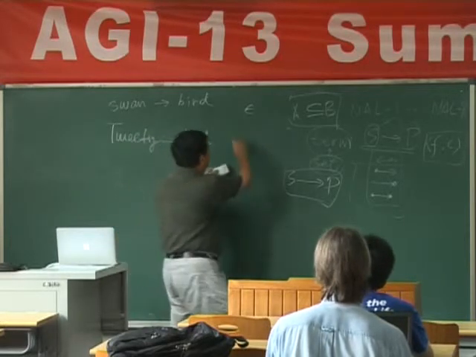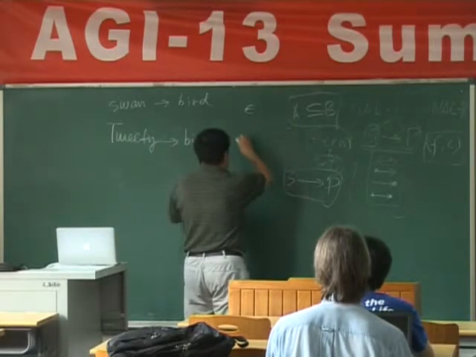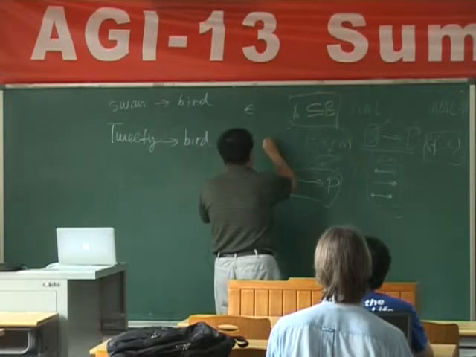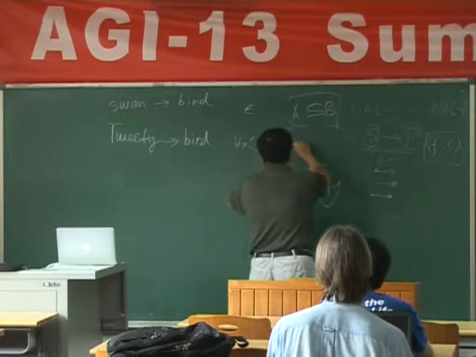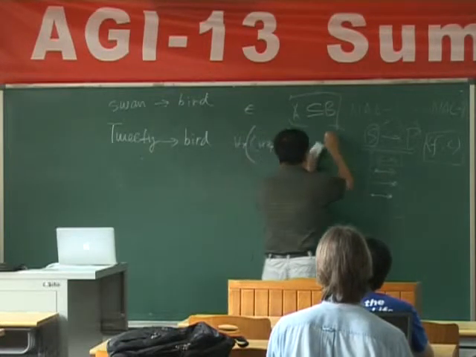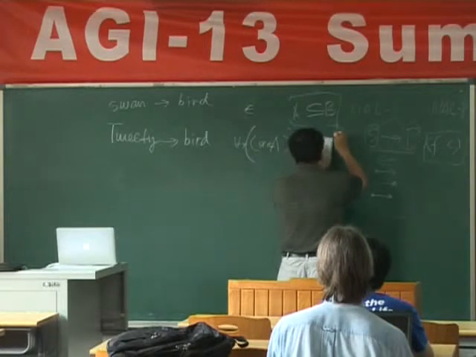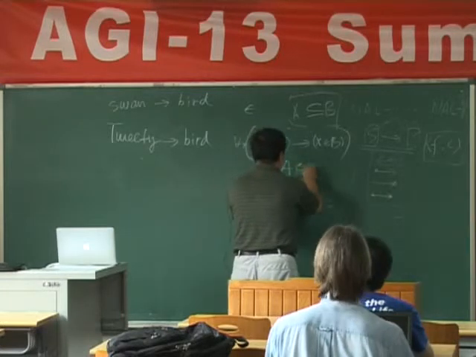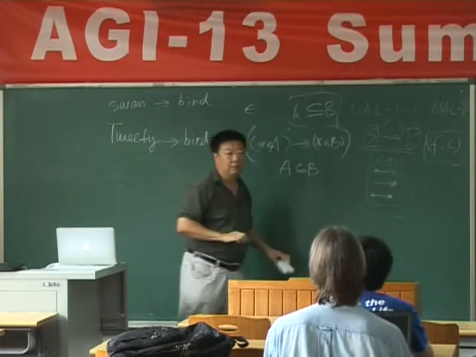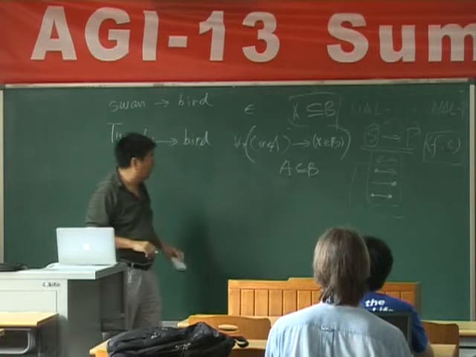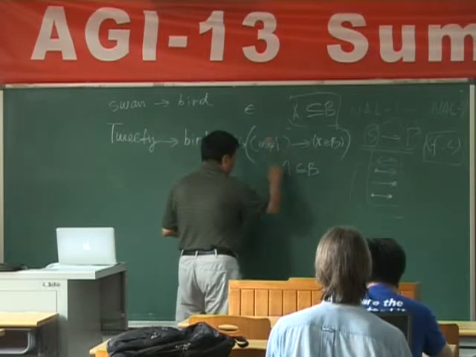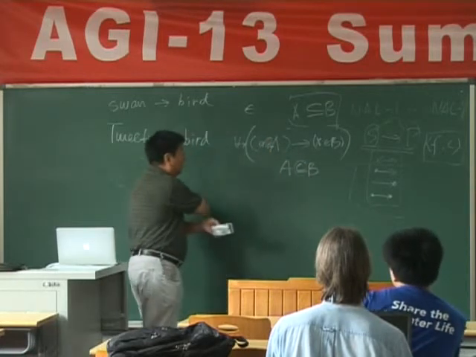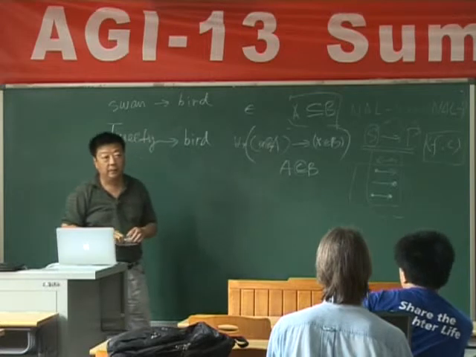It will say that everything in A is also in B, right? And that's actually the definition for A being a subset of B. That's the definition. So this is taken to be fundamental, and this is taken to be secondary or defined.